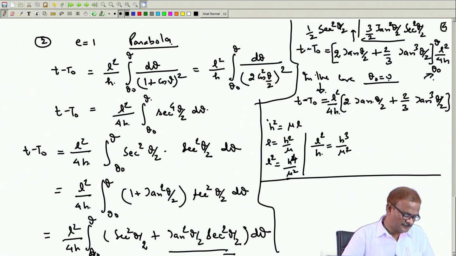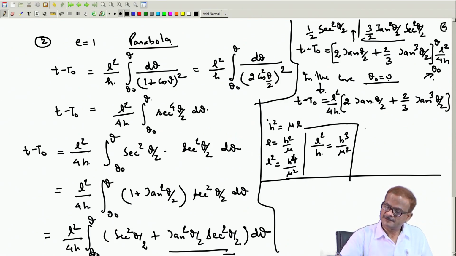So, we can insert that, and that becomes our final result. This quantity then gets reduced to h cube by 4 mu square times all these terms in the bracket, which is 2 tan theta by 2 plus 2 by 3 tan cube theta by 2.